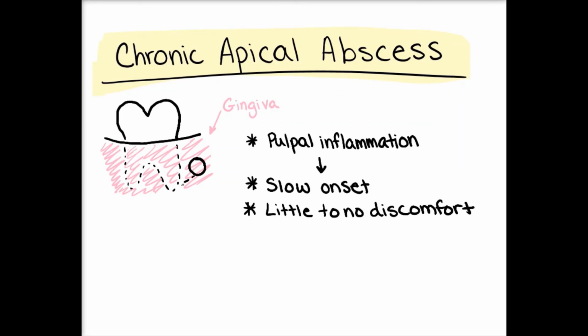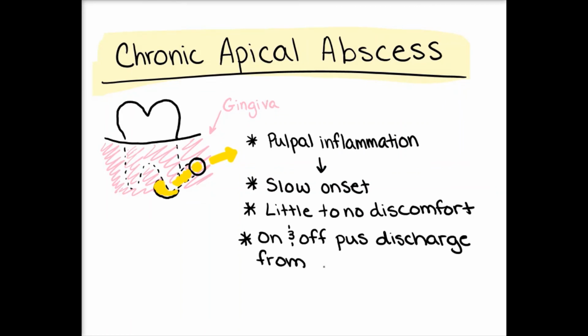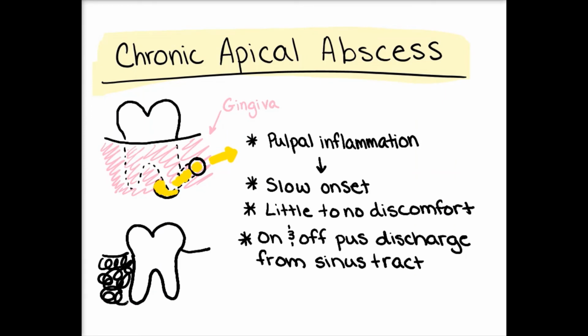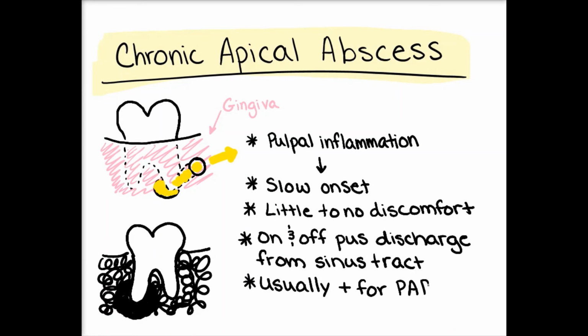Most notably, we'll have a sinus tract, which will allow pus from around the root apex to drain directly onto the gingival surface. This will be an on and off drainage that you can see clinically. On a radiograph, you will probably see a periapical radiolucency indicating inflammation of the surrounding bone.